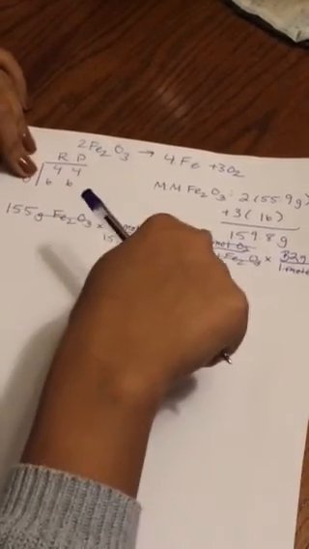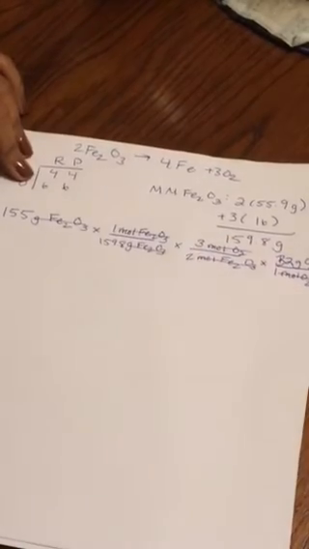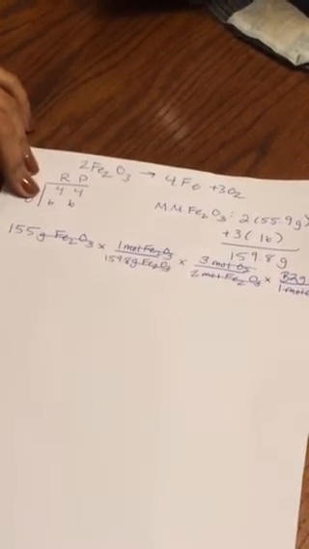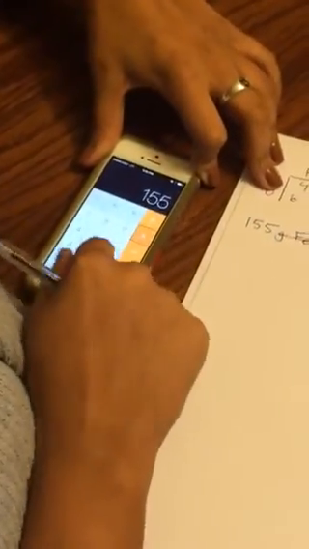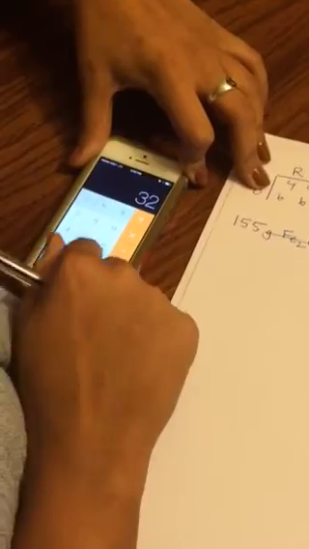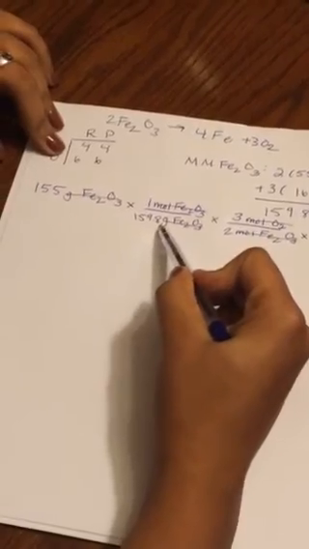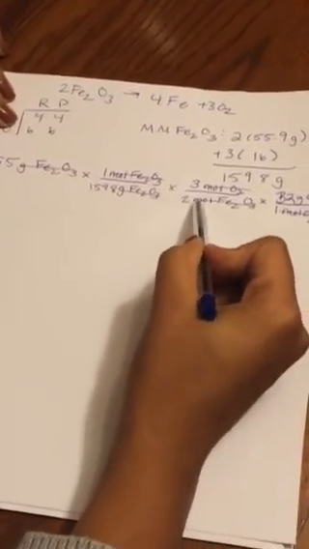And so all that's left to do is multiply 155 times 1 times 3 times 32. And then divide by 159.8 and then divide by 2.